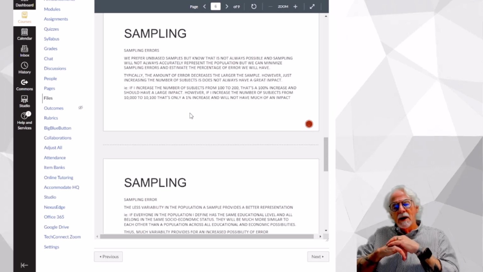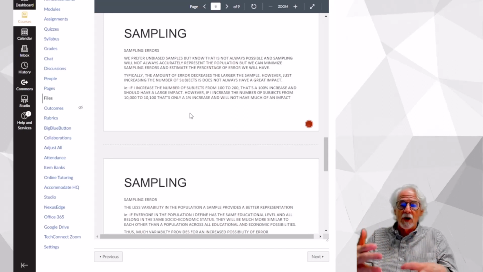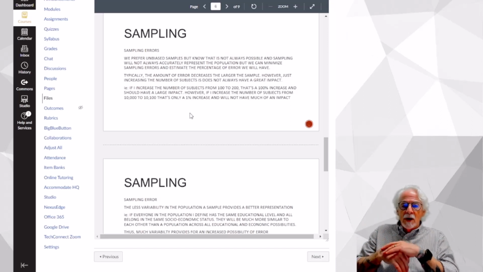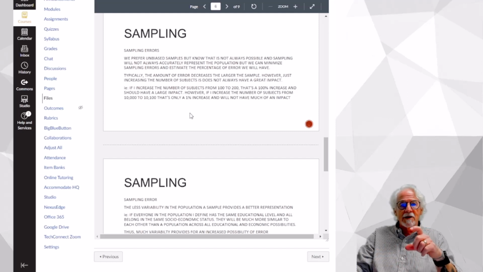So that's why you've been doing all this with the critical values and the 0.05 level, the 0.01 level, because we are willing to accept a certain percentage of error, a margin of error.